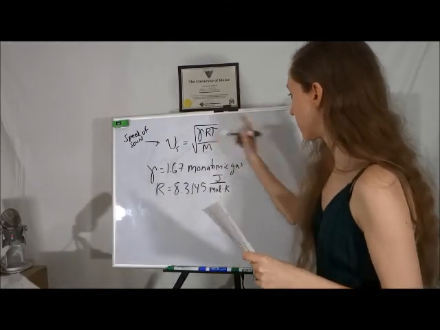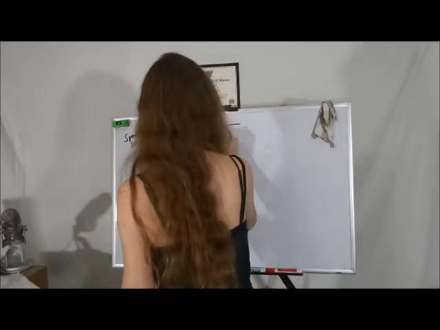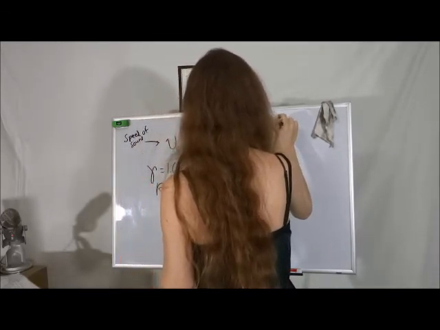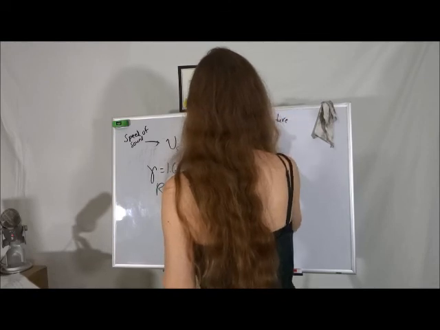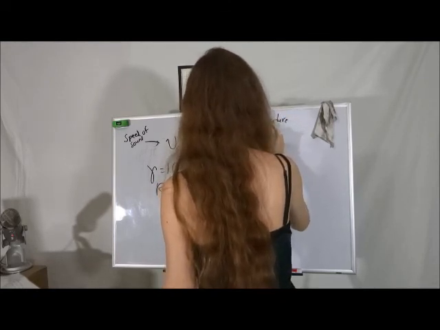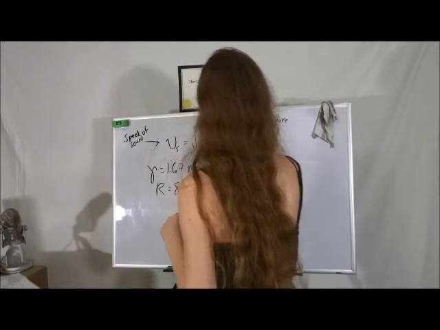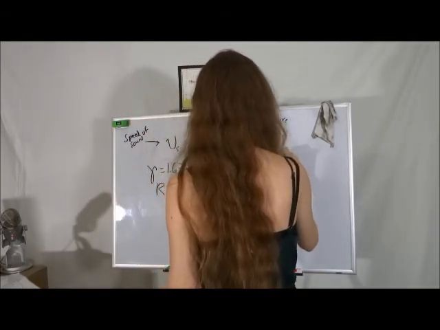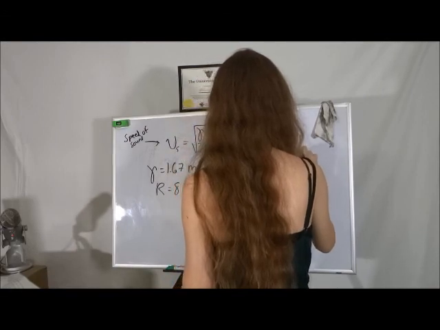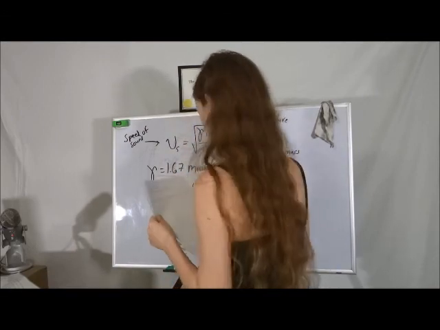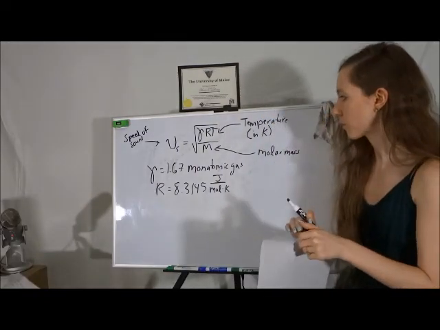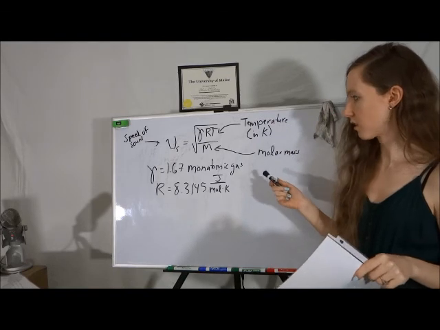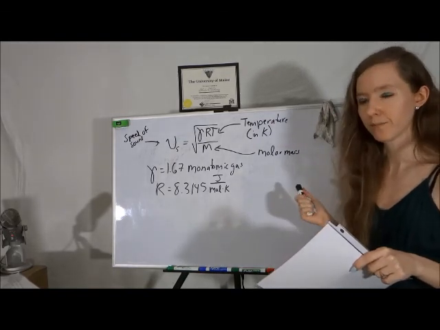And then this T here is our temperature, and it has to be in Kelvin to get the right units. And then M here is our molar mass. So are there any questions on this?